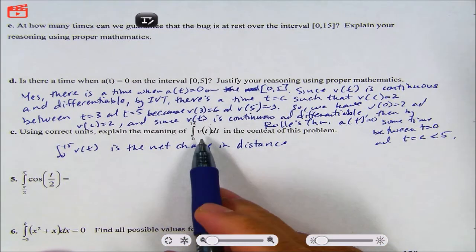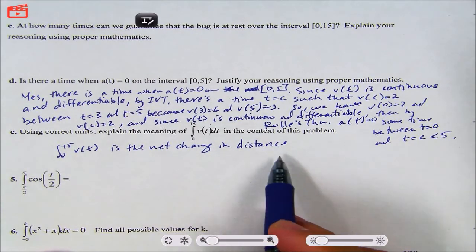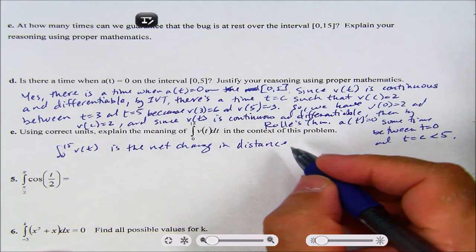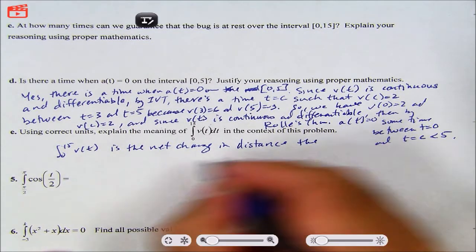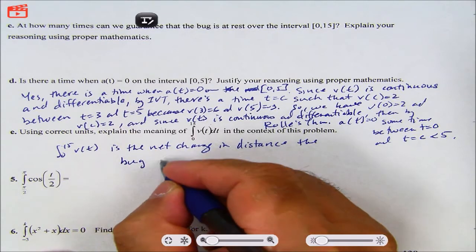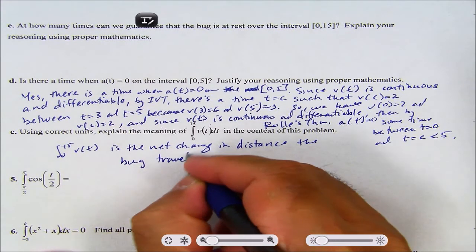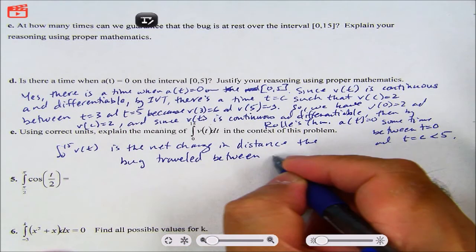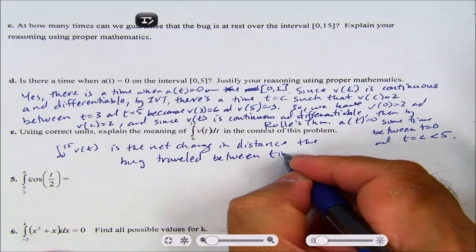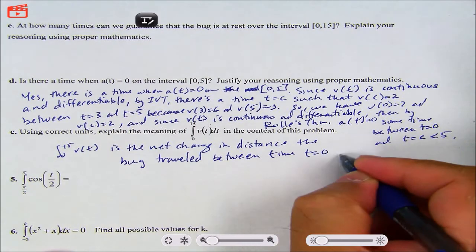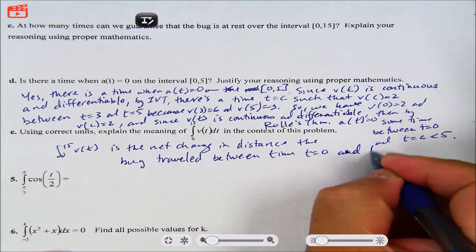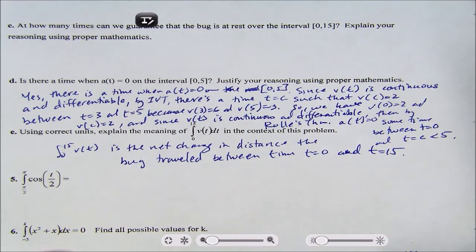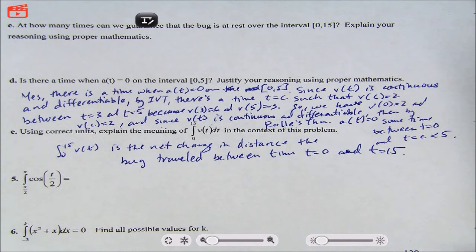This is velocity, but when you integrate it, that's distance. The bug traveled during that time, between time t equals 0 and t equals 15. That's it.